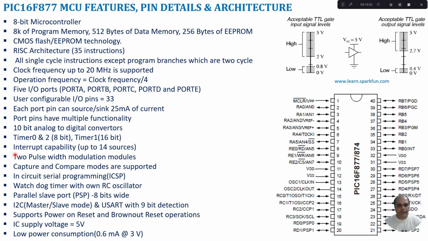Then we have interrupt capability. Up to 14 sources of interrupts are supported. Interrupt means that any peripheral device, if it wants to utilize the CPU, will make a request.